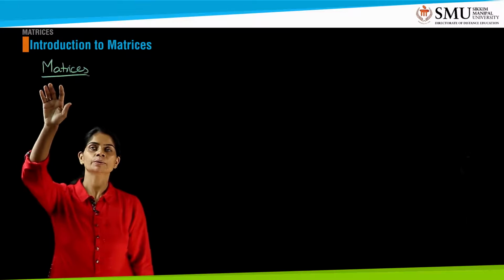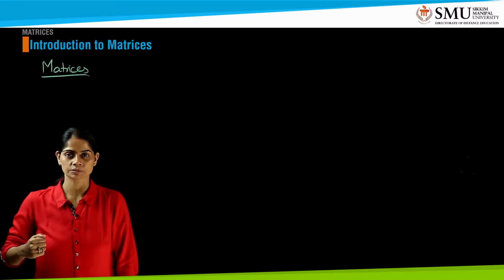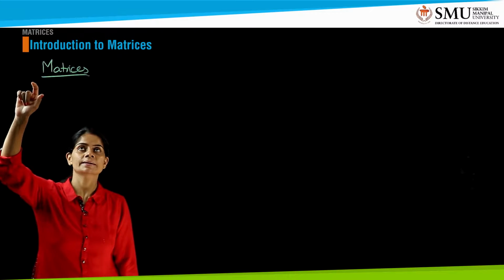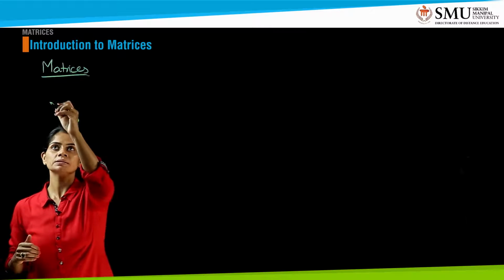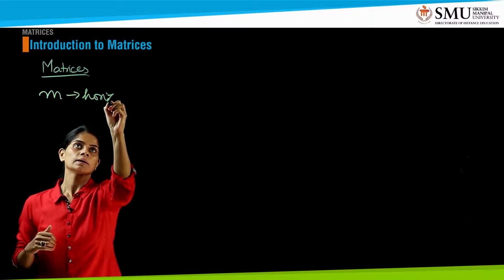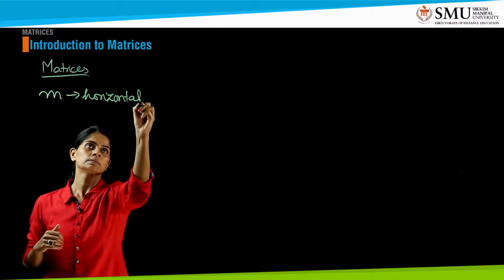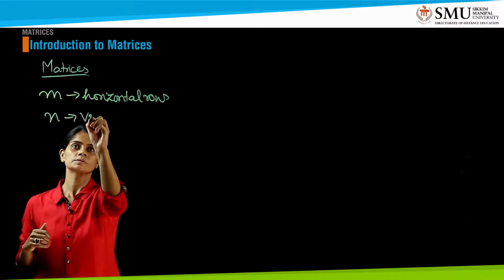So, let us try to understand the concept of matrices, how you are going to define matrices. Matrices are actually the rectangular arrangement of numbers in m horizontal rows and n vertical columns.